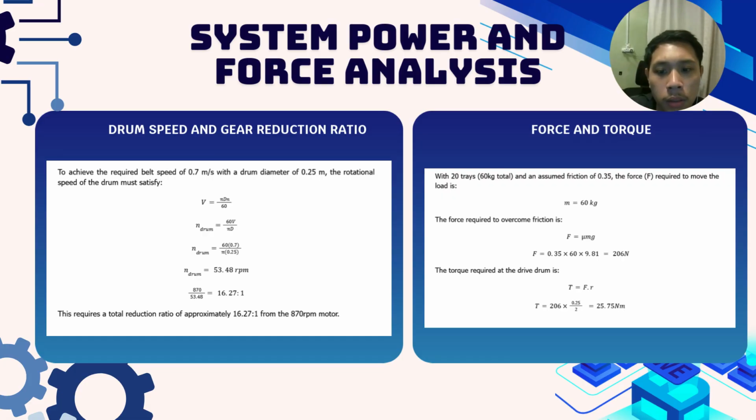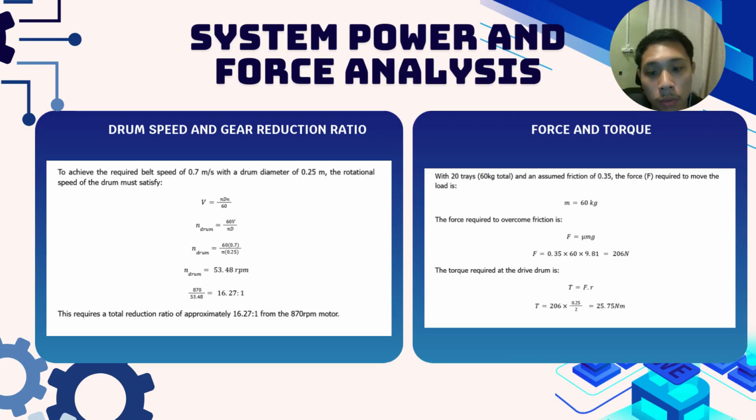Then we analyze the dynamics of the system with 20 trays totaling a mass of 60 kg. We calculated the force required to overcome the friction. Using the friction coefficient of 0.35, we determine that the motor must overcome a frictional force of 206 Newton.